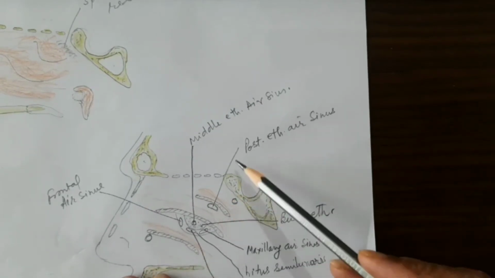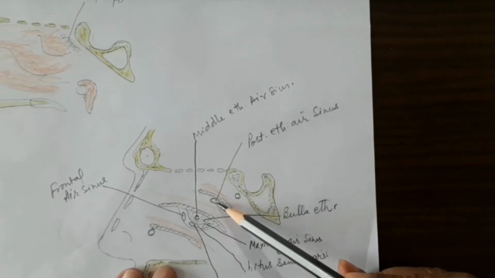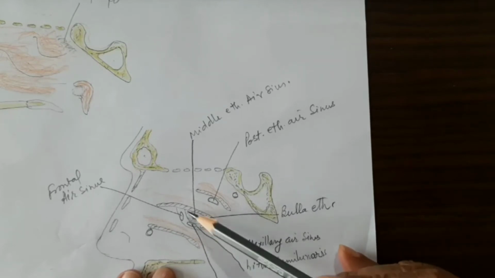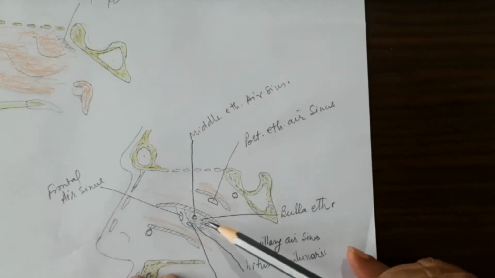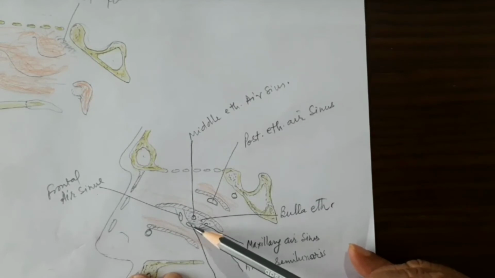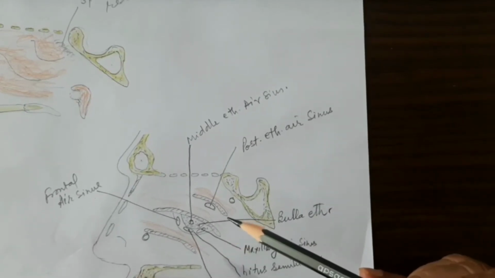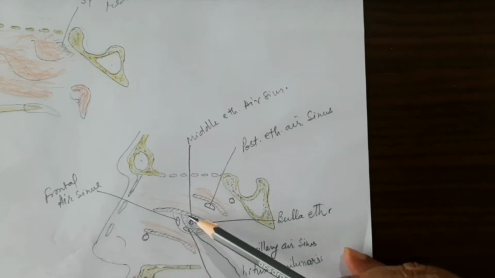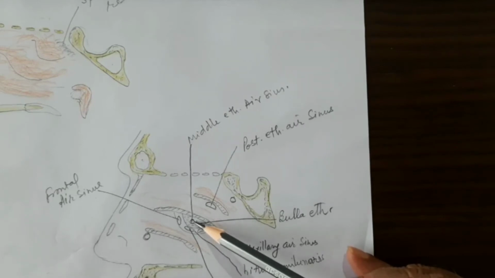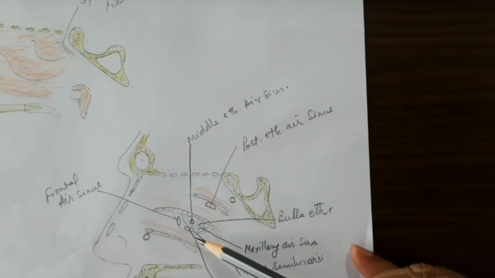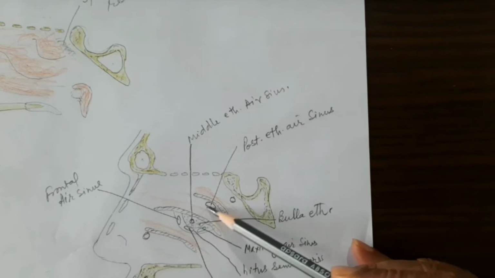See here, it was the posterior ethmoidal in the superior meatus, anterior ethmoidal into the middle meatus, in the hiatus semilunaris, and then there is the middle ethmoidal air sinus which is opening into this bulla ethmoidalis itself.